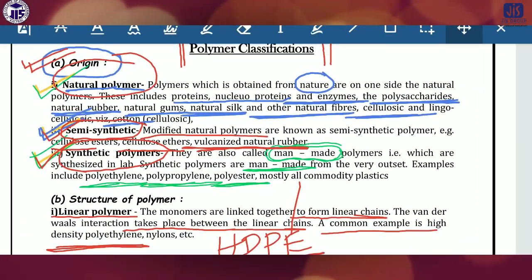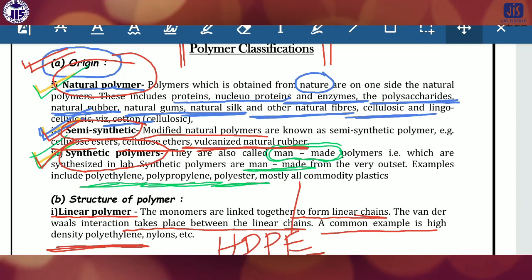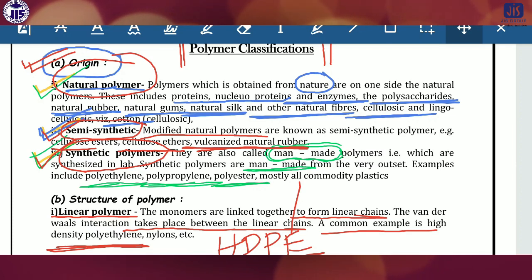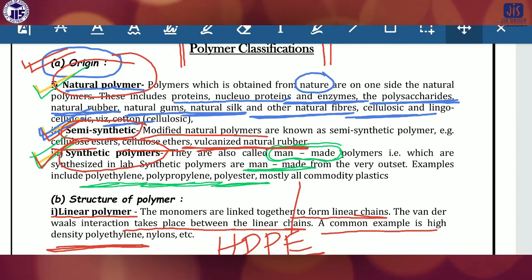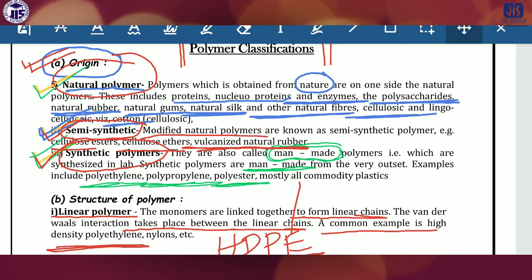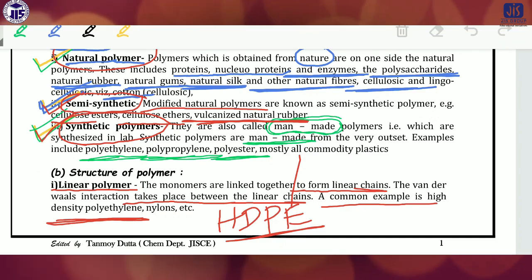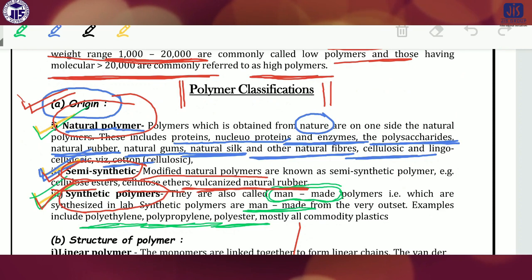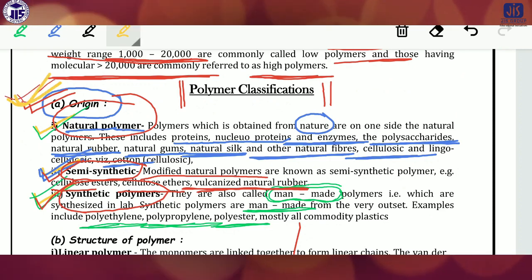So students, this is the overall classification of the polymer. What you have to do is make a chart showing the factors on which we can classify the polymer. That means you have to write down in your copy, starting from the origin. Just give the point origin.